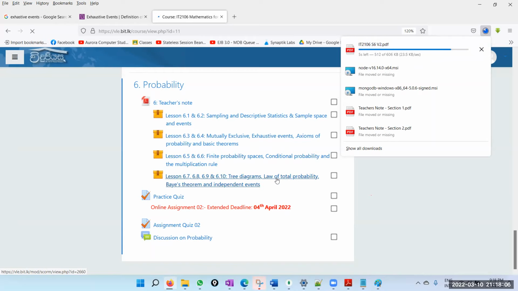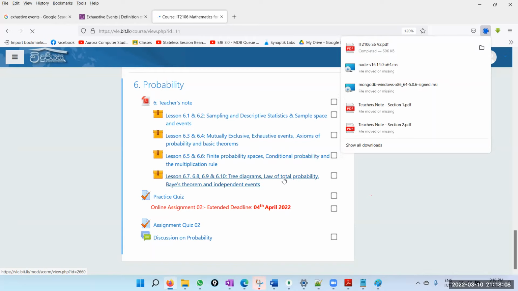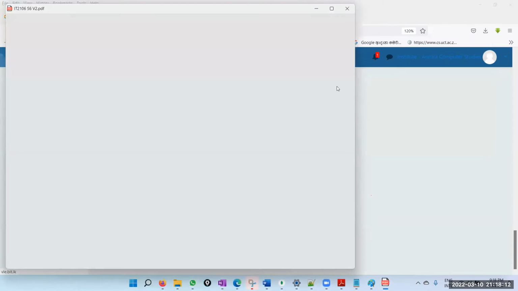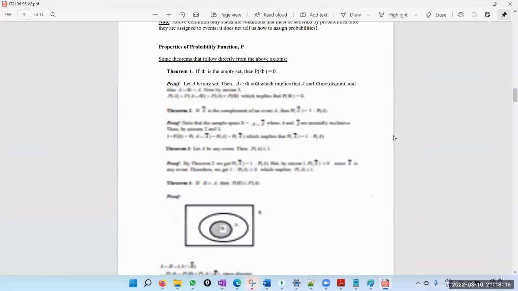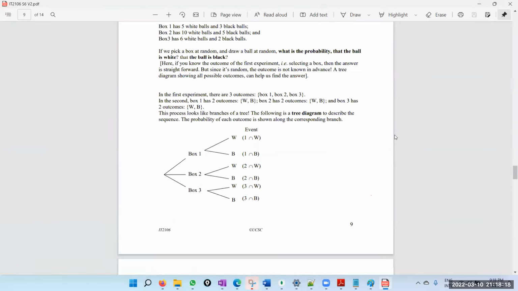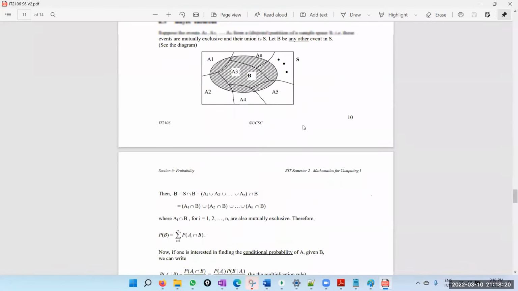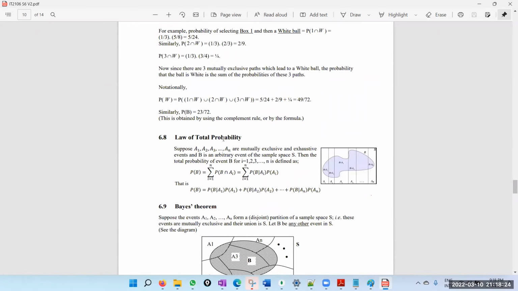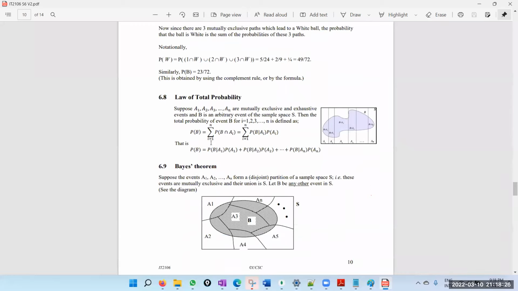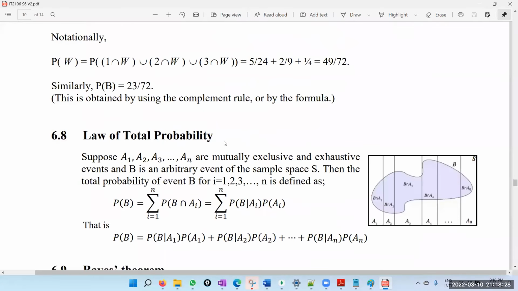Here you can clearly see the law of total probability. Okay. Let's see whether this one has total probability law. If it is there, it must be in the last. Right. So this is Bayes theorem we did. Yes, total probability law they have added. Okay. So this is called total probability law.